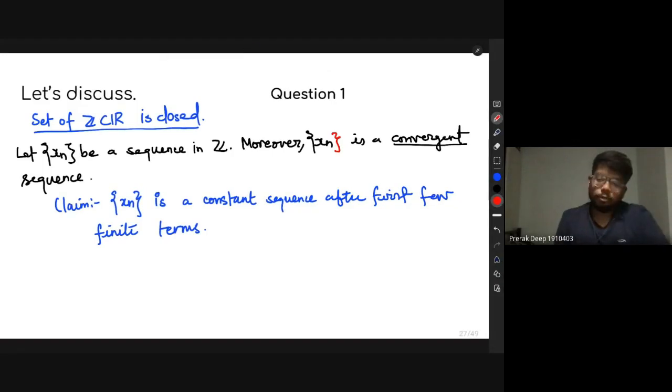So we want to say that it is a constant sequence after the first few terms.